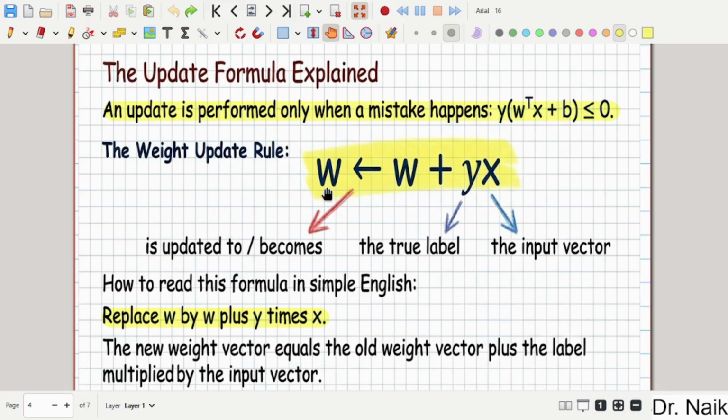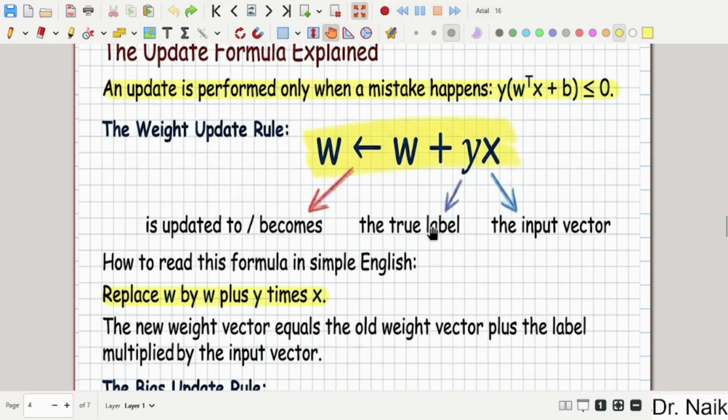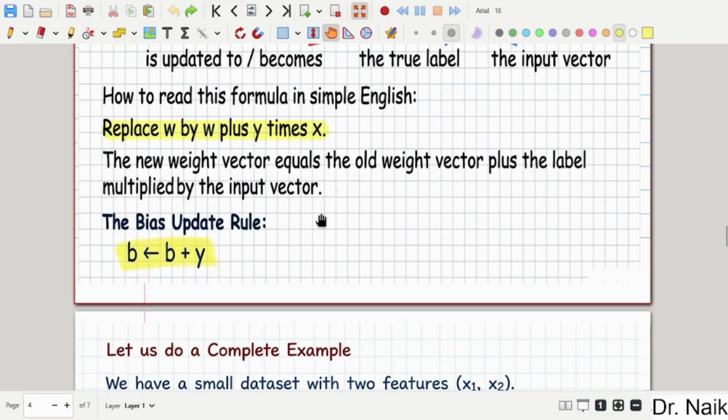That means W new is equal to W old plus Yx, where Y is the true label and X is the input vector, and this W means old weight. The bias is updated by the formula B new, that is bias new, is equal to bias old plus Y. That means replace B by B plus Y, where Y is the true label.